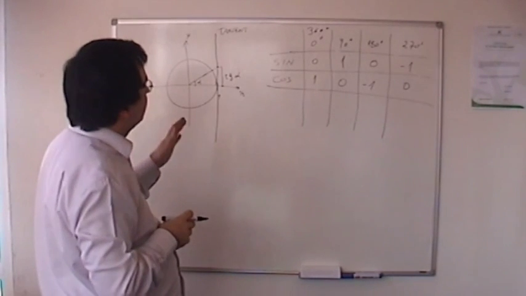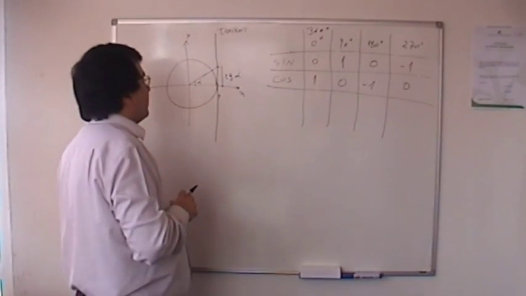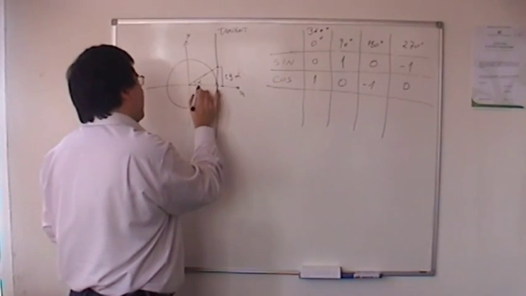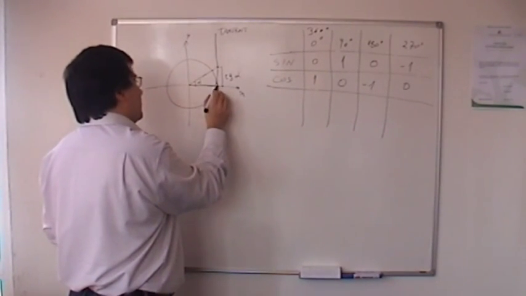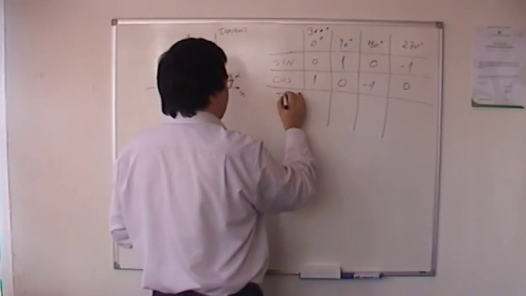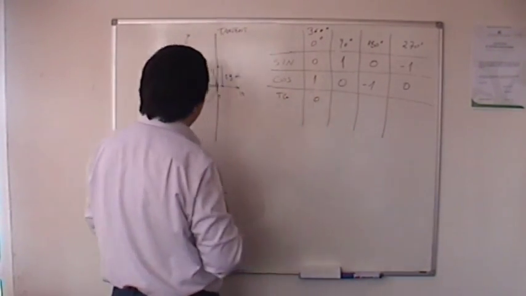Now, if you take a careful look here, we will see that when we have 0 degrees, the line here will be 0, so tangent of 0 is 0.